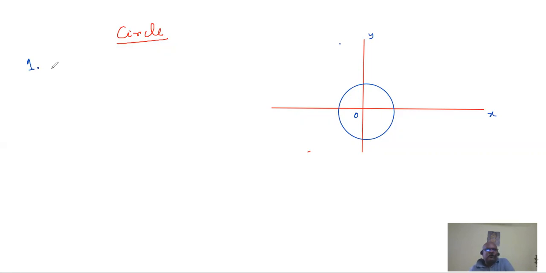That is a circle with the center at the origin, and second can be a circle with the center not at the origin. Okay, obvious. That is obvious. So we shall consider these two types of circles.